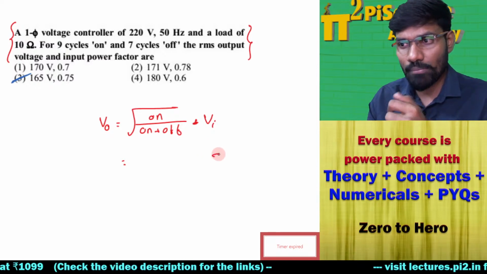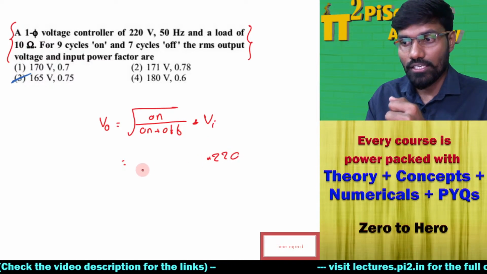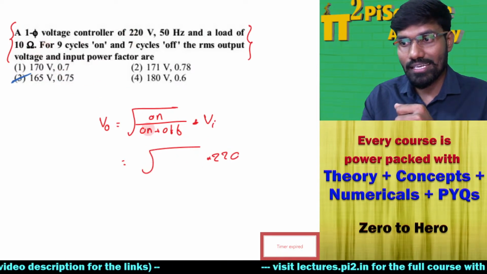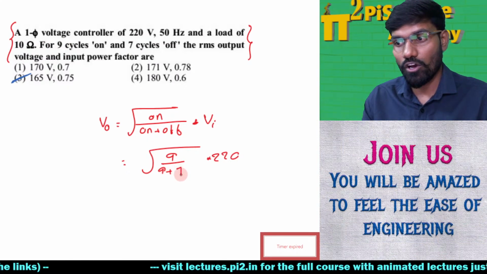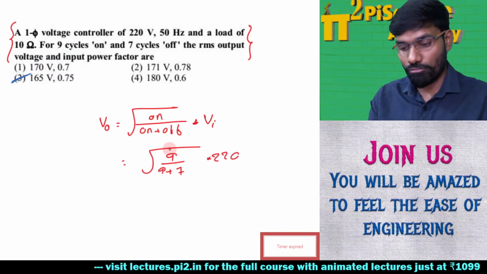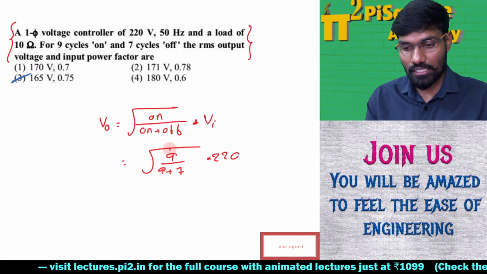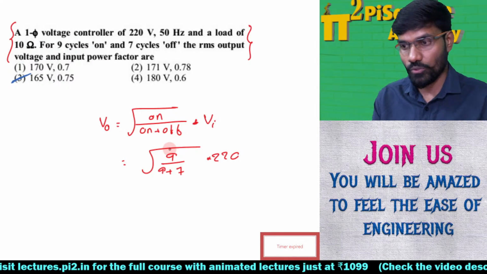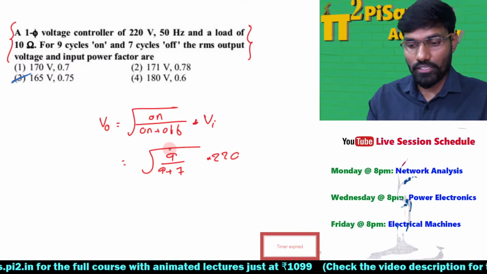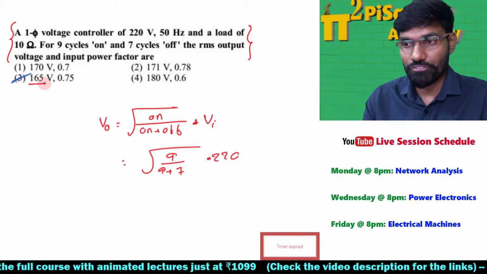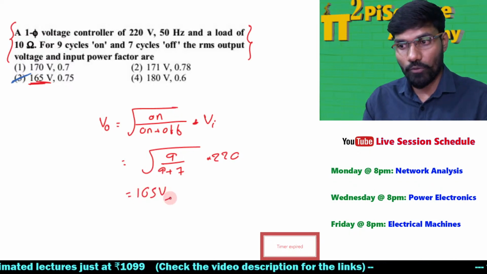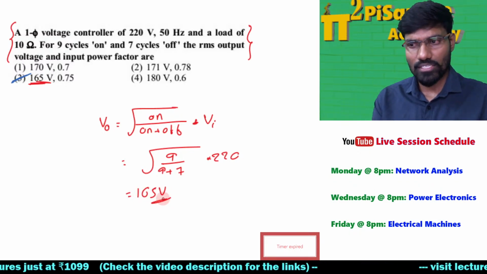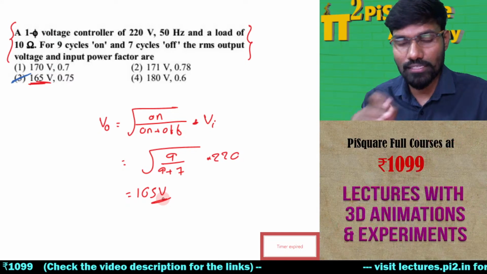Input voltage RMS is 220, with 9 cycles on and 7 off. So the square root of 9 by 16 into 220 gives 165 volts. Simple formula. If you know the formula, that's it.